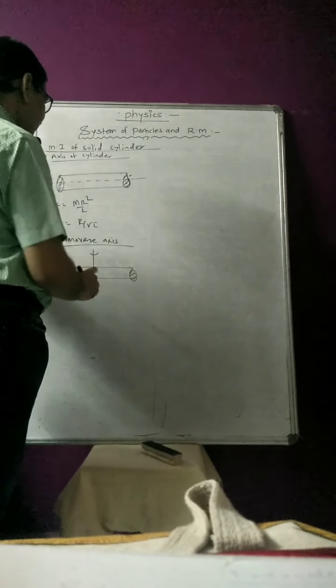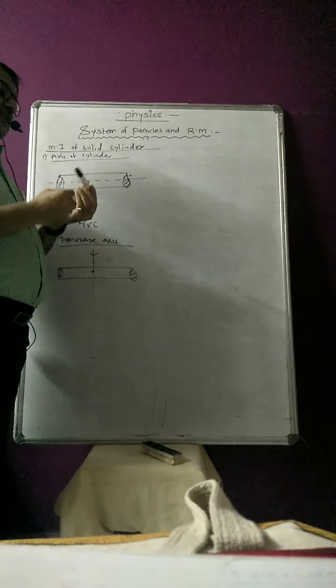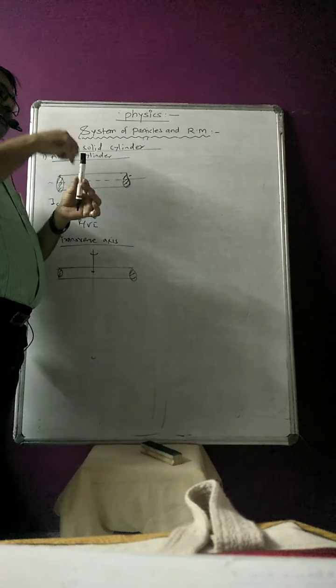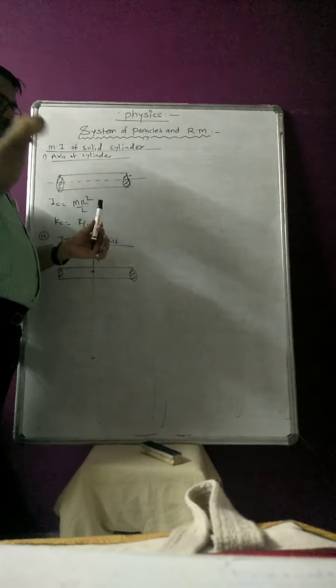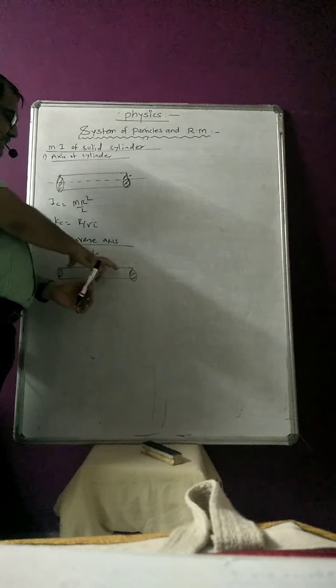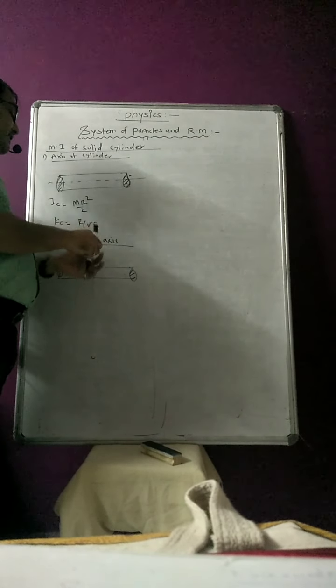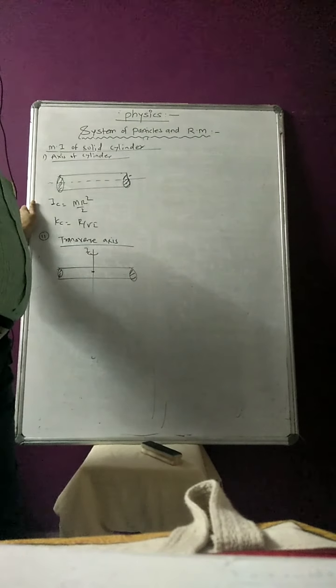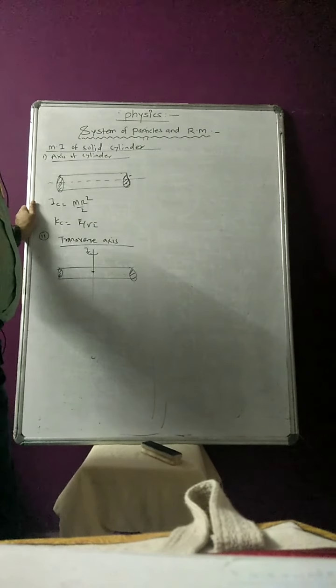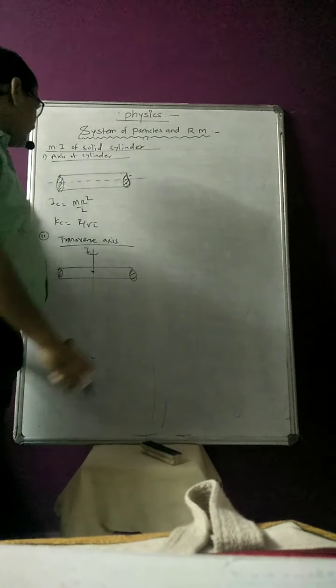If I take that disc, the line passes through its diameter, but the same axis passes through the center of the thin rod. So this is a combination of two axes.